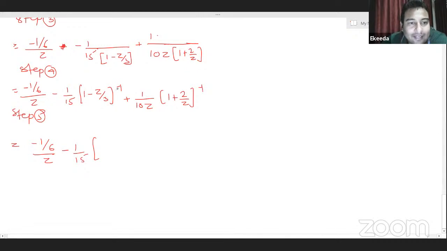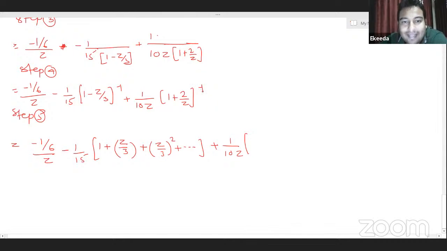If I open the bracket, both are minus, therefore everything is plus. So that is 1 plus z by 3 plus (z by 3) the whole square plus dot dot dot, plus 1 upon 10z. If I open the bracket, this is plus and this is minus. So it will be 1 minus 2 by z plus (2 by z) the whole square minus dot dot dot. So that's it. We are done with case number 2.